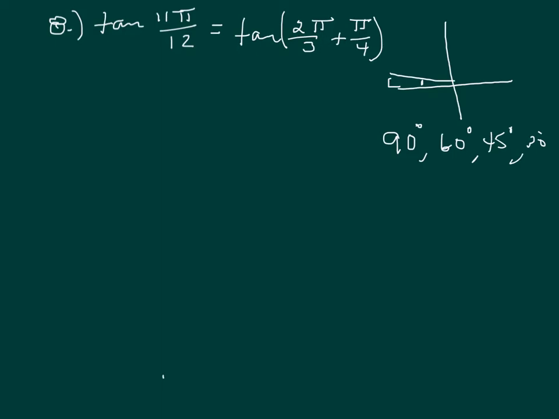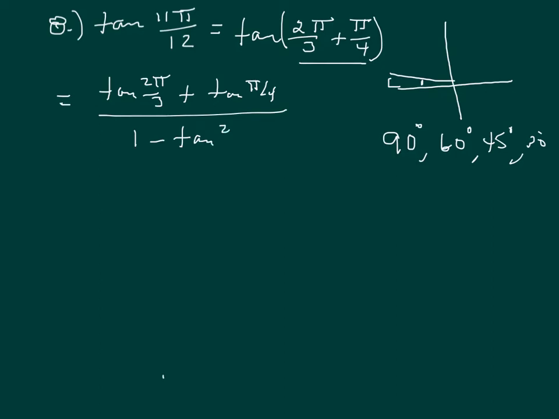From our trig identity, we know this tangent of 2 pi over 3 plus pi over 4 is equal to the tangent of 2 pi over 3 plus the tangent of pi over 4 over 1 minus the tangent 2 pi over 3 times the tangent of pi over 4.